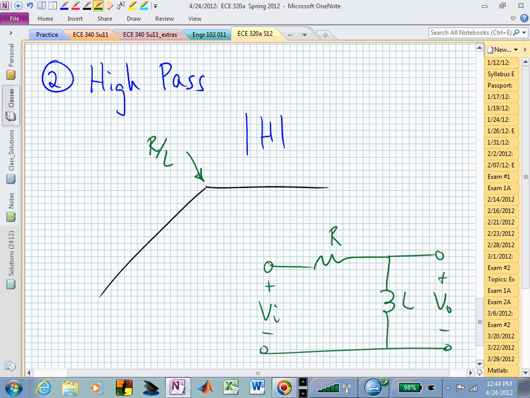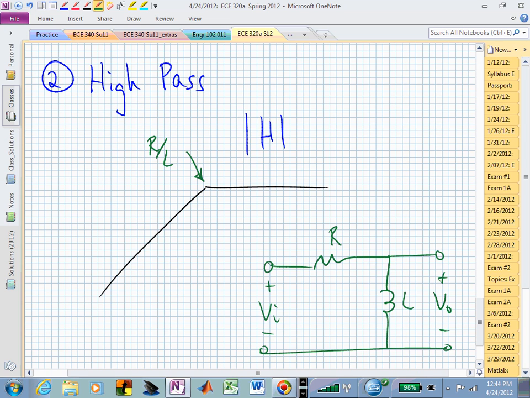Yes? So both of those, both high pass and low pass, are RC low pass and RL high pass. If you just switch the signal voltage over the other element... I showed you these two to contrast.